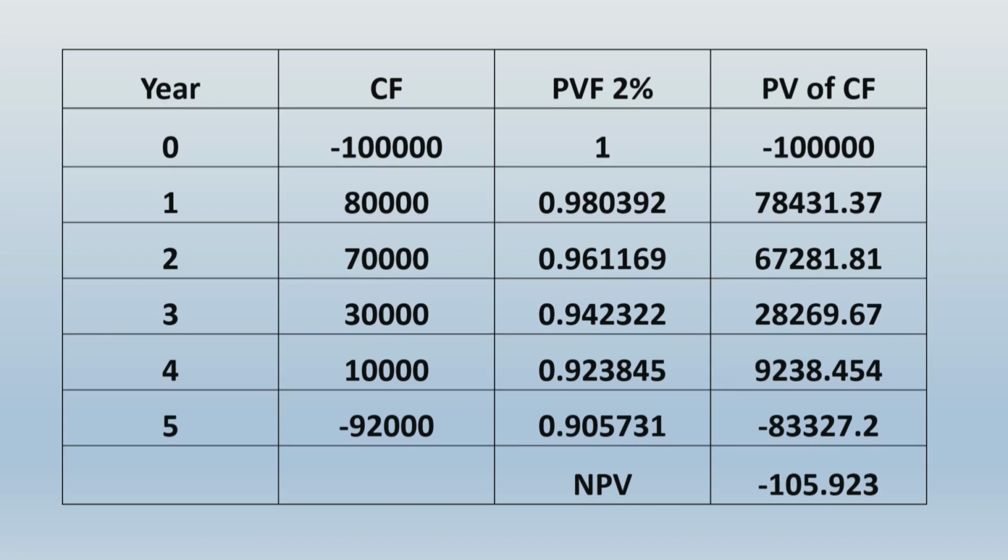So what we identified, that at 10% discounting rate there was a positive NPV, and at a lower discounting rate of 2% there is a negative NPV, and this NPV appears to be very close to zero.